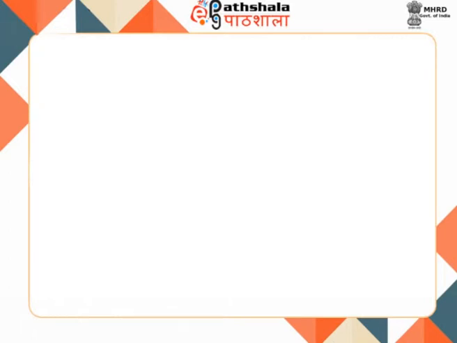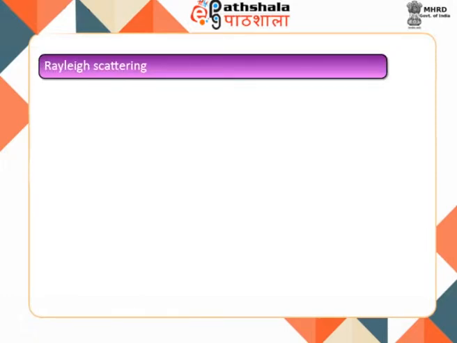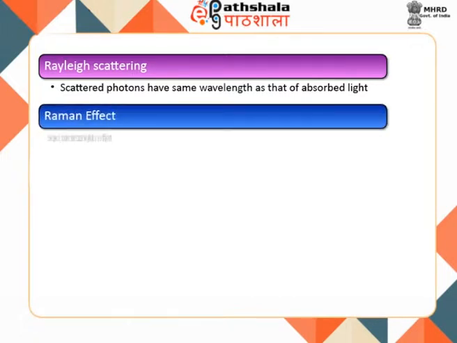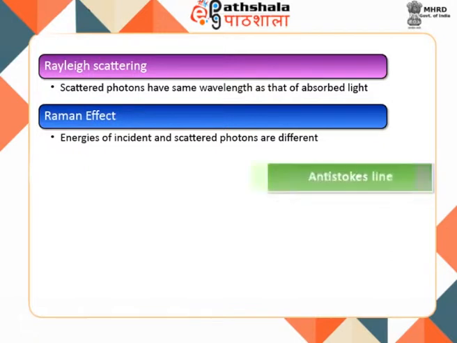Coming to the main difference in both, in Rayleigh scattering the scattered photons have the same wavelength as that of the absorbed light, but in the Raman effect, the energies of incident and scattered photons are different.